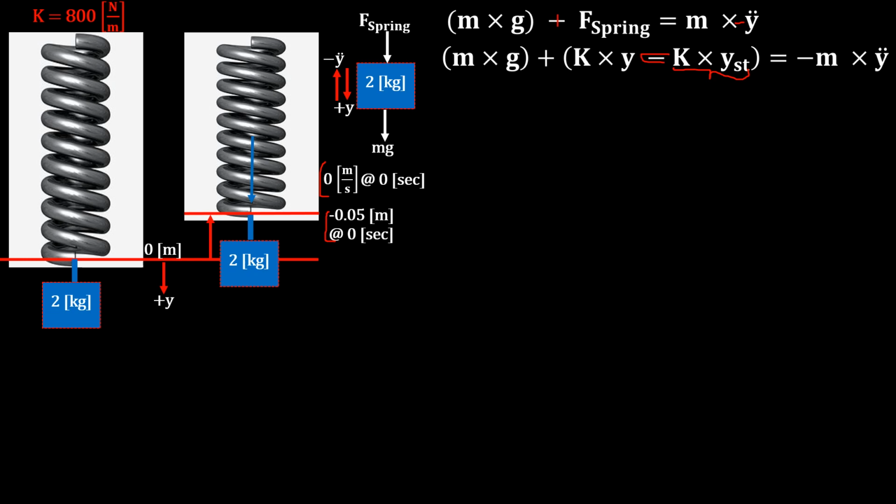So that's why we have a negative in here. And here we didn't forget about this negative. So here the mass times gravity plus k times y minus.